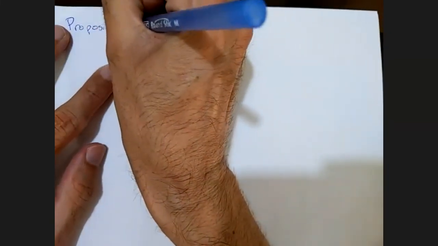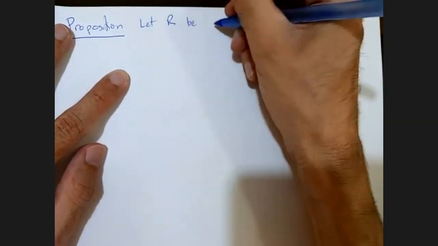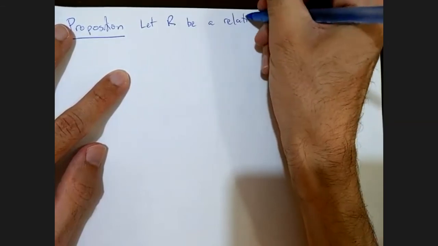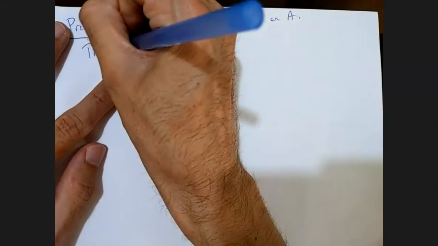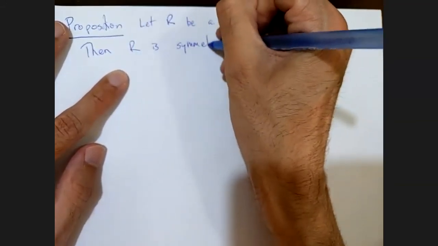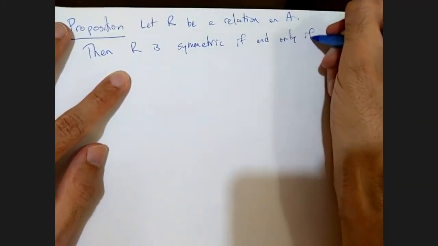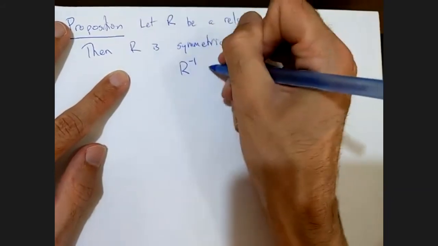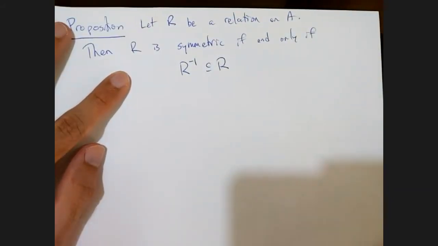So let R be a relation on A, then R is symmetric if and only if R inverse is a subset of R.